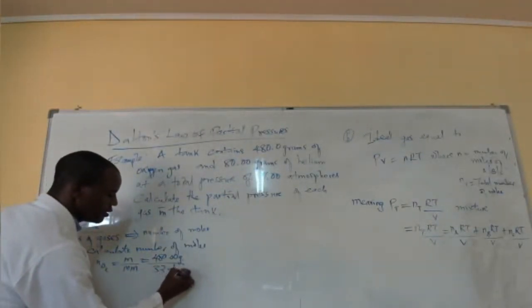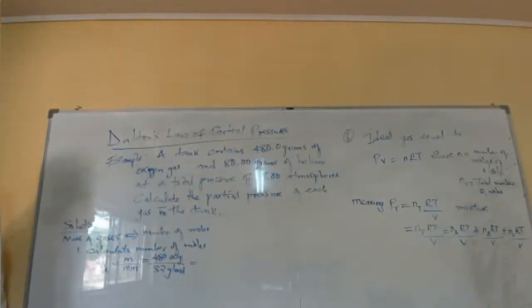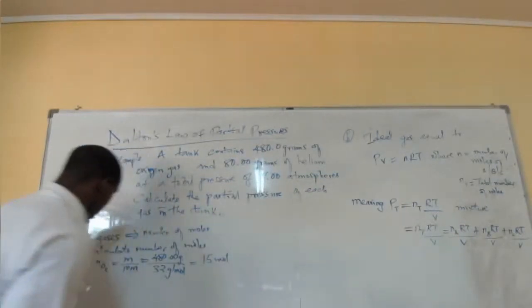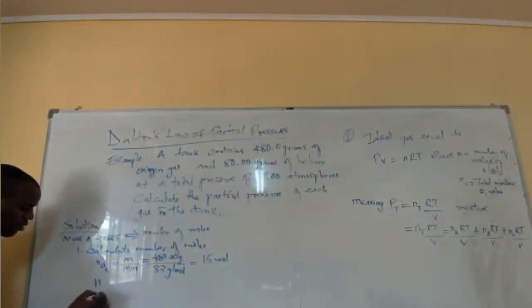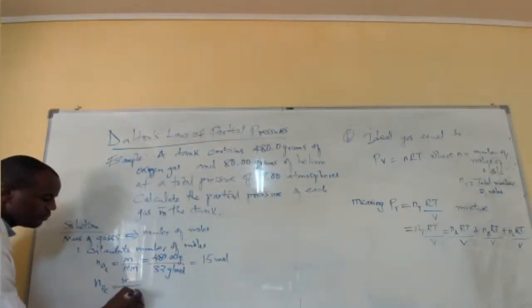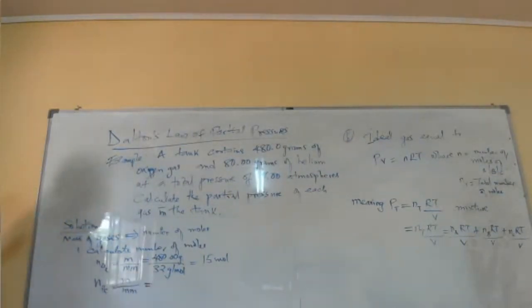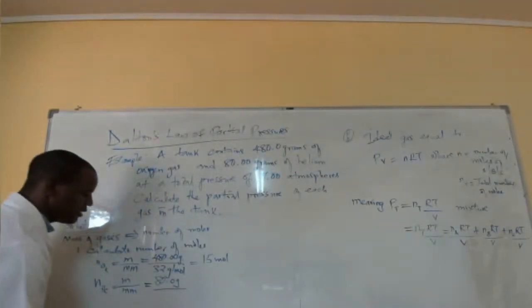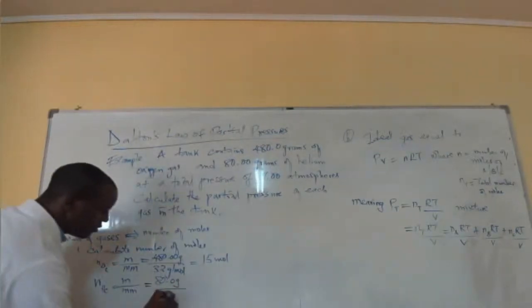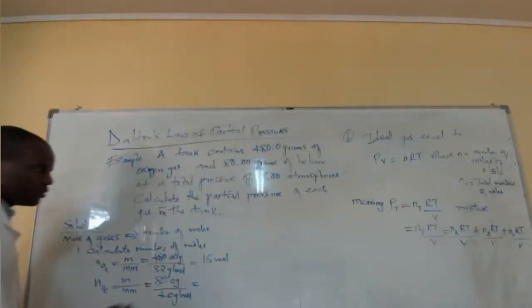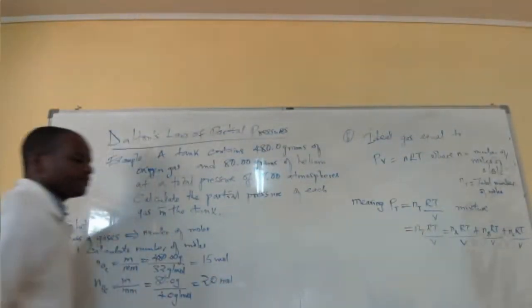This gives us 15 moles of oxygen. The number of moles of helium is the mass over the molecular mass, which is 80.0 grams divided by 4.0 grams per mole, giving us 20 moles.